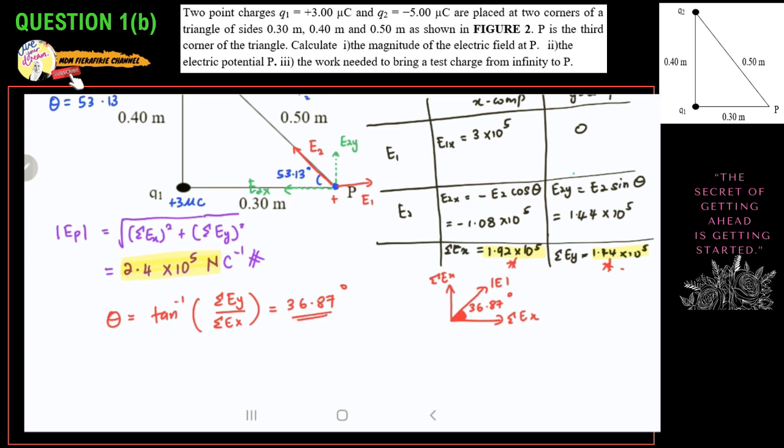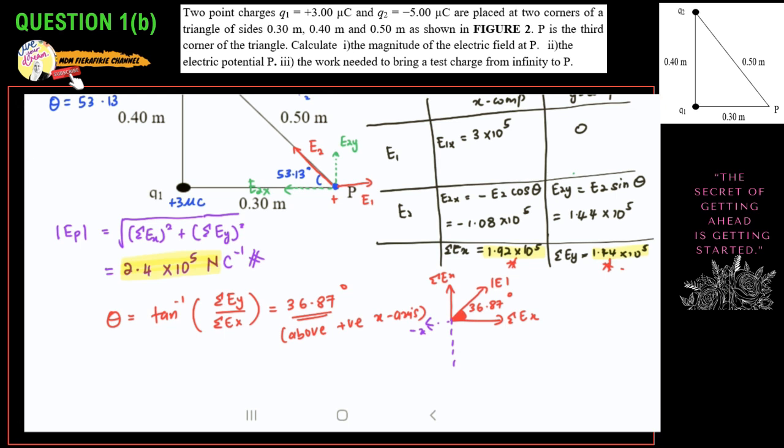Means that 36.87 degree, the direction is above positive x-axis. So ini positive x-axis, kalau disambung sini, ini negatif x-axis. So dia above positive x-axis.